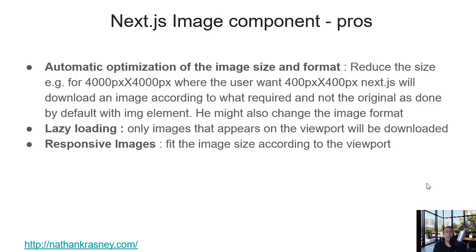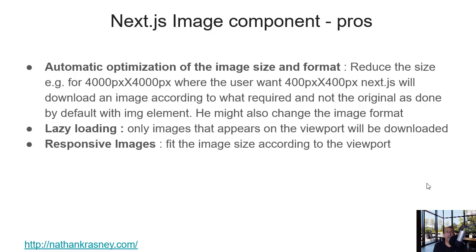Also, you might have a very long list of images, maybe 100 images, and only 5 of them are shown on the viewport. So it is not required to download all these images if you're only showing 5 of them.